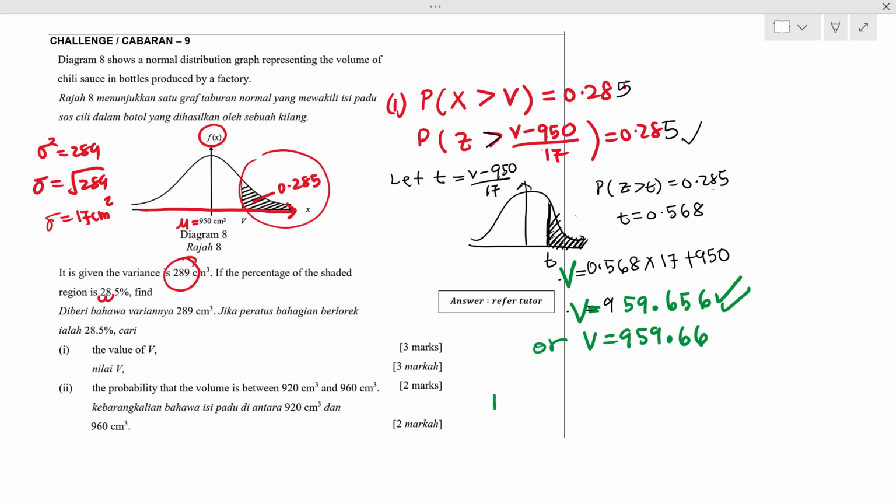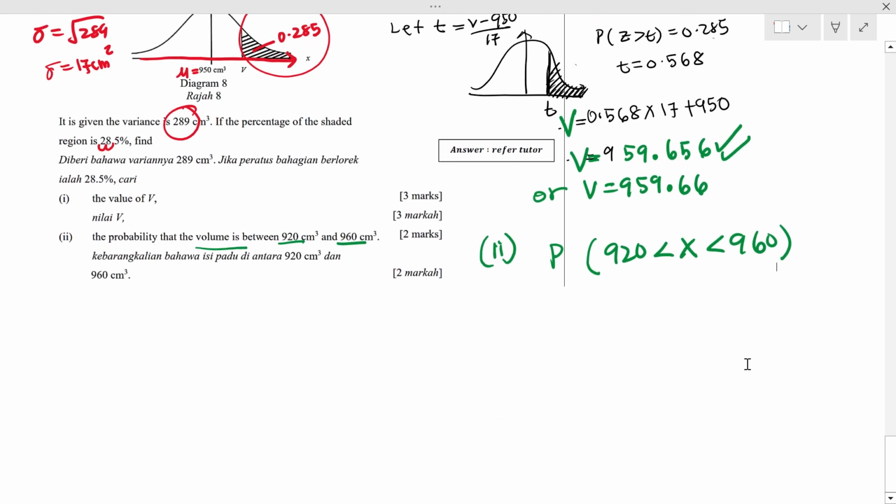Okay. Point number 2. The probability that the volume is between 920 and 960. Very easy question. Okay, what they are asking is the probability between 920 to 960. So 920 minus mean.